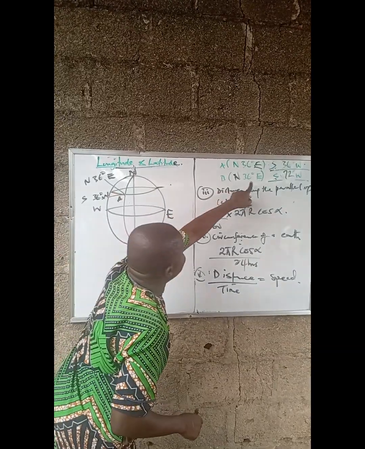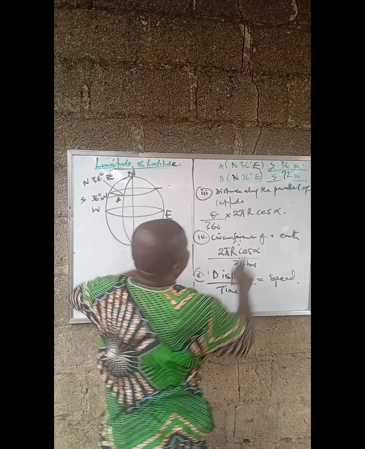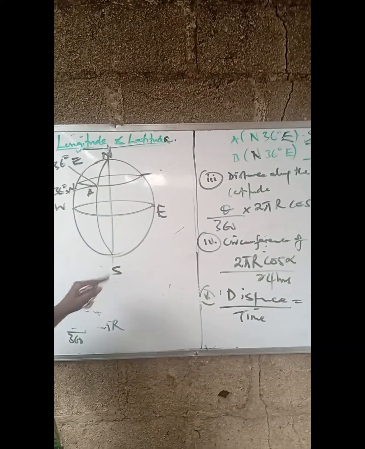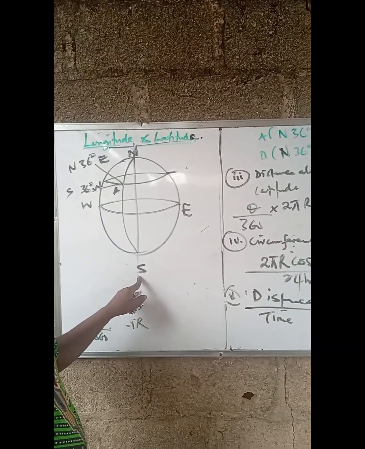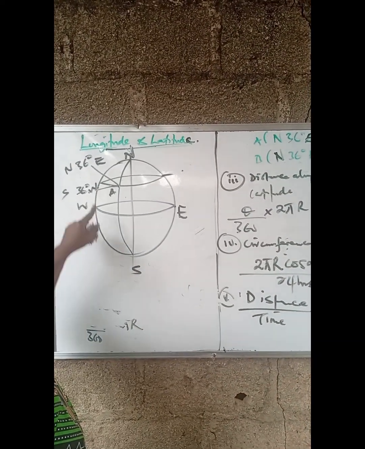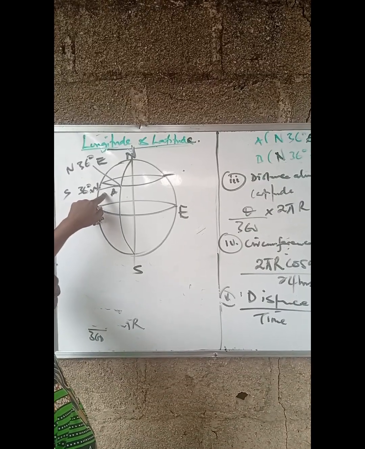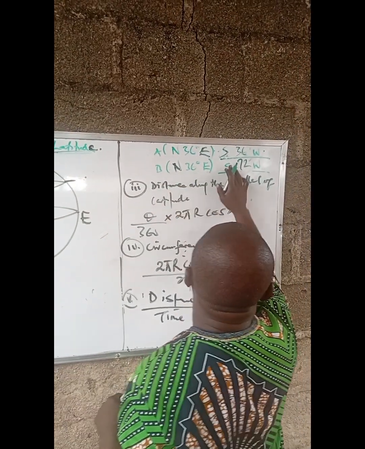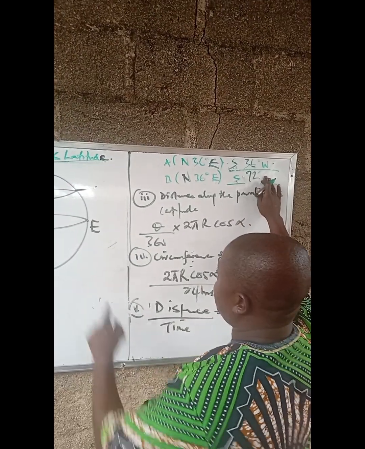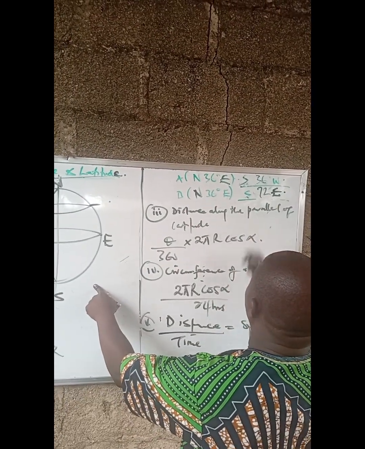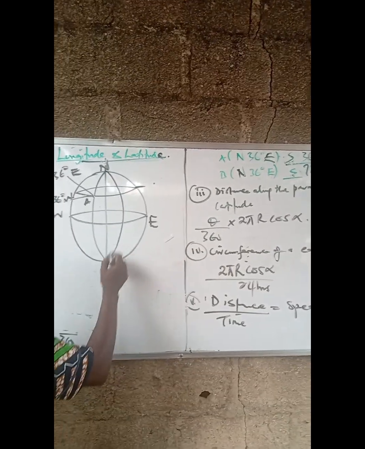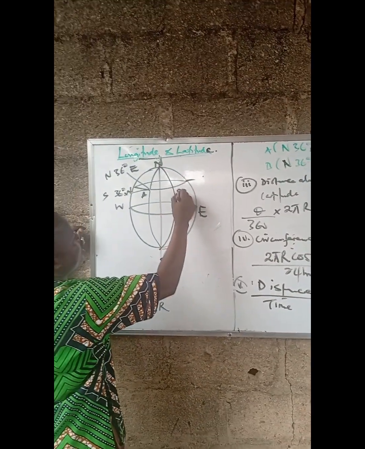Now if you look at the second one, this is southwest. Now the southeast will not go this way. Now, if southeast is going this way, it means this place is point B.